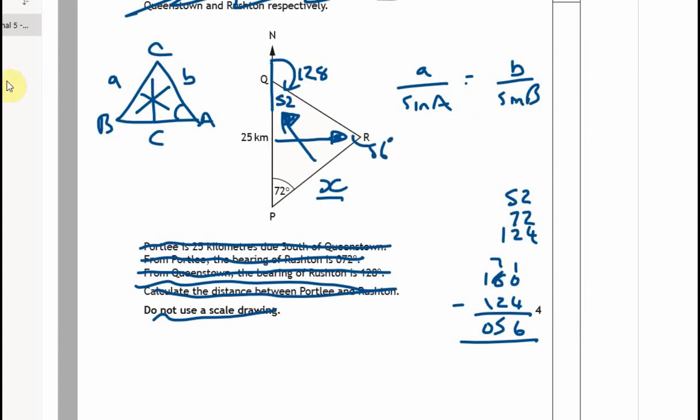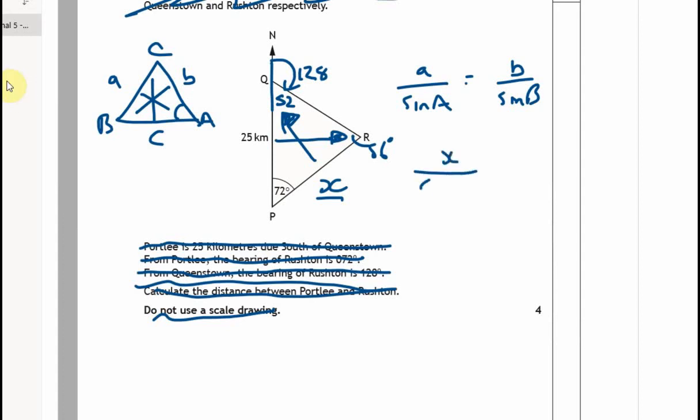Okay, so I'm just going to rub out this. If we substitute into our equation now, we're going to have x over sine of 52 is equal to 25 over sine of 56. Okay, so that's quite interesting.